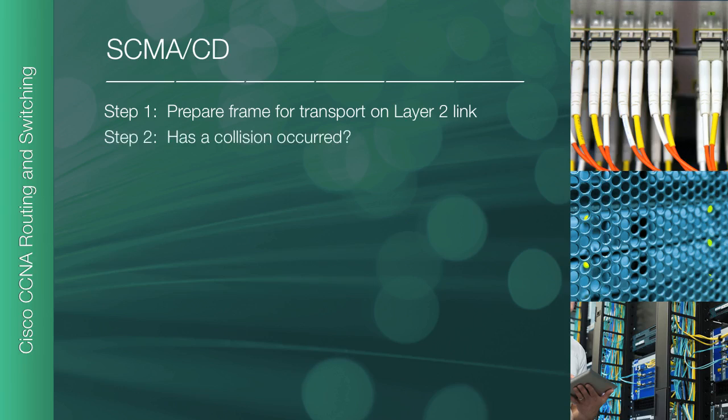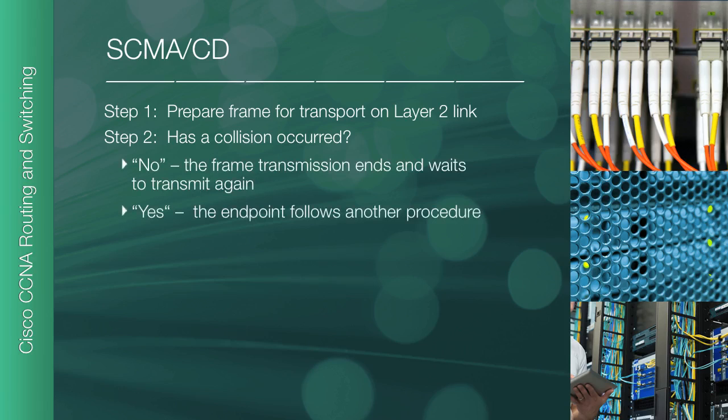Next, query if a collision has occurred. If a collision has not occurred, it ends the frame transmission and waits to transmit again. If a collision has occurred, the endpoint follows another procedure. The sending node monitors the transmission, so when it notes the collision, it'll send out a jam signal, which is a signal sent out to all possible ports in the hopes that it reaches the intended destination of the original traffic.